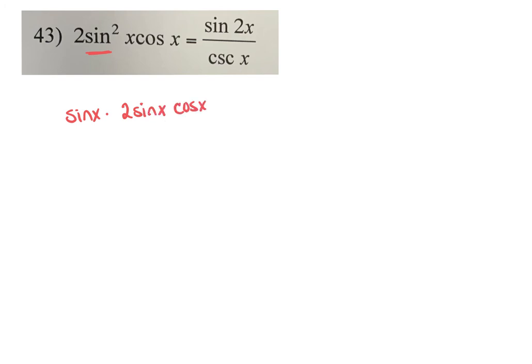Like that's the first thing I see here because I noticed sine and cosine there butted together. 2 sine cosine is sine of 2x. And then if I know what I'm moving towards because it told me I'm moving towards cosecant. Well, sine, right, is 1 over cosecant.